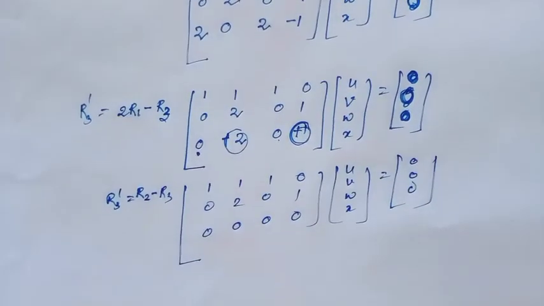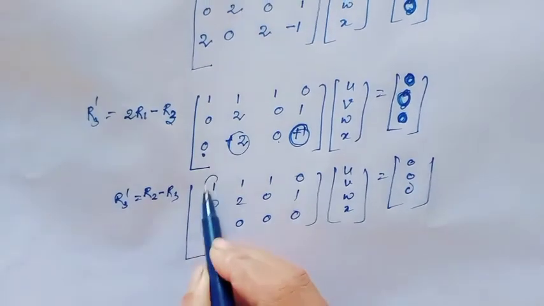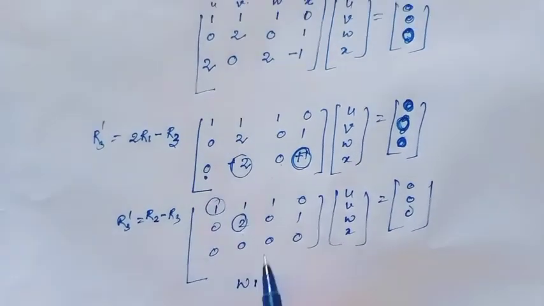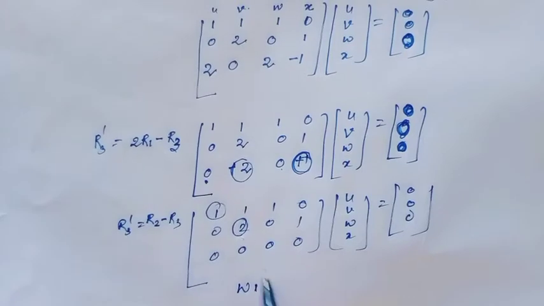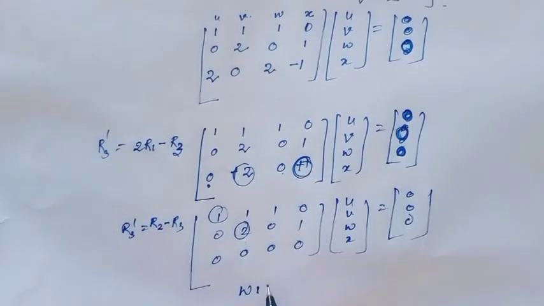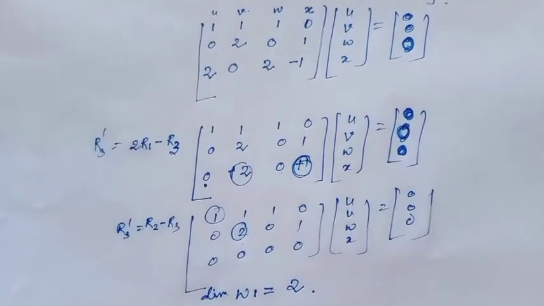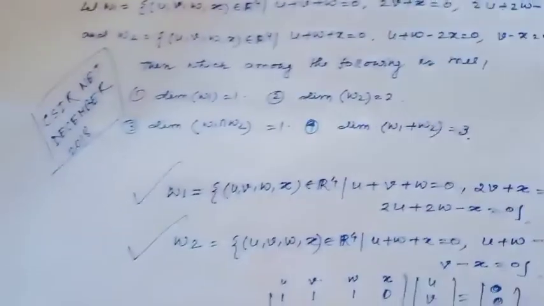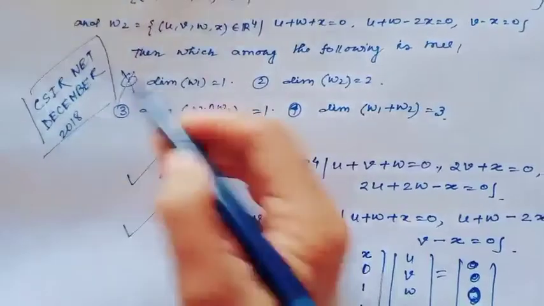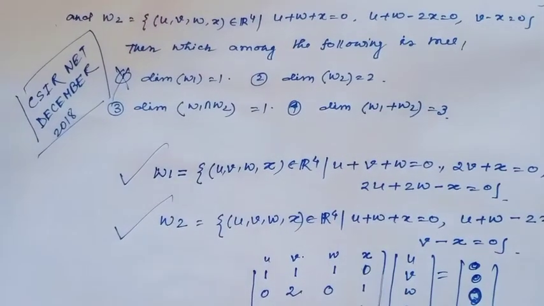Have you understood? Now notice there are only 2 pivots. For the subspace W1, since the rank is 2, the dimension of W1 would be 2. That means option 1 is a wrong option. I have got dimension of W1 equal to 2.